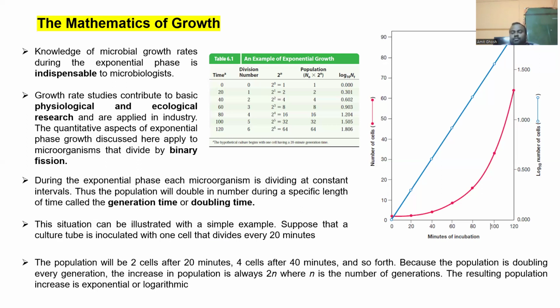So you can see, if you compare with the number of cells only against minutes of incubation, the line does not look straight, it is hyperbolic. Whereas if you take the log number of cells, you can see a straight line. So we will discuss later how it is significant to take the log and how we can express it in mathematical equations.